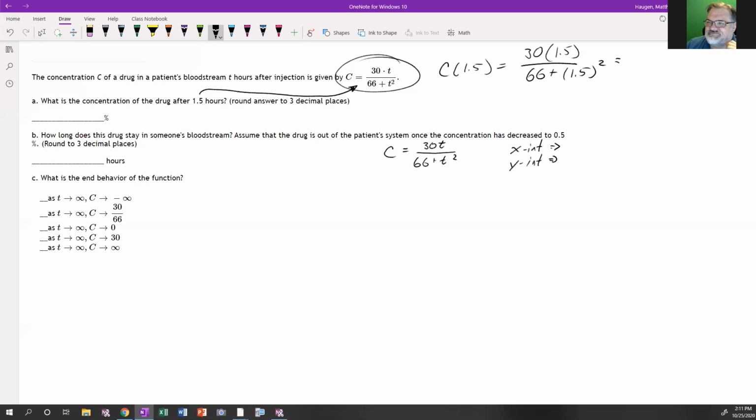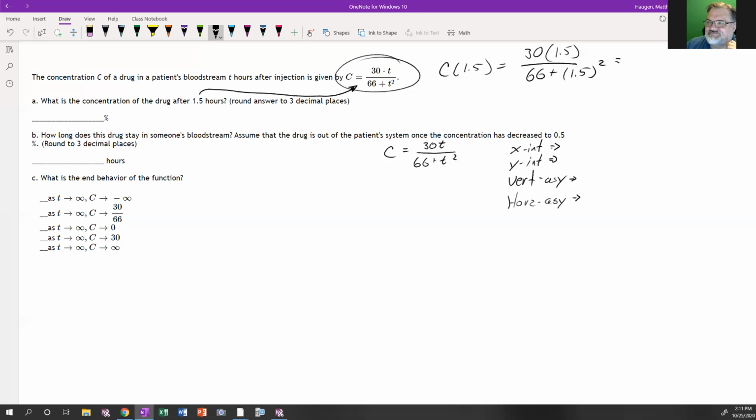We should be able to determine if there are any vertical asymptotes, and we'll talk about that when we get to vertical asymptotes, and horizontal or slant asymptotes. Horizontal asymptotes and slant asymptotes talk to us about end behavior. So it's going to talk about what's happening in this function as time goes on.